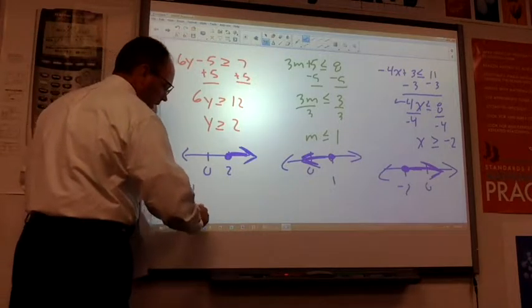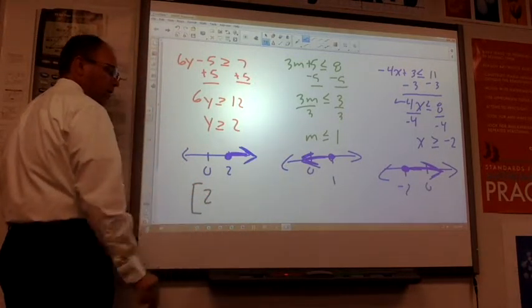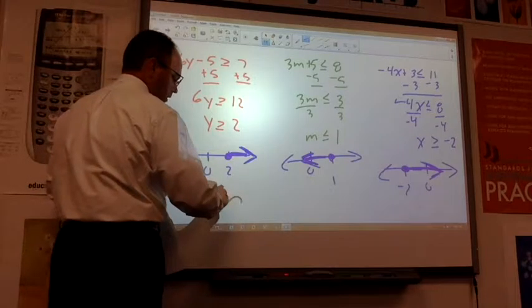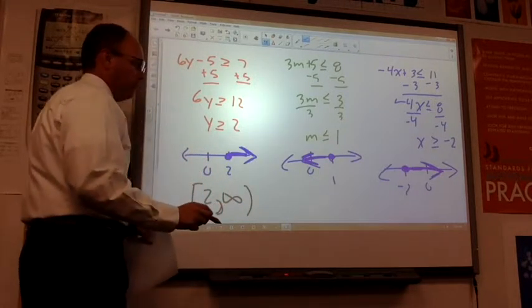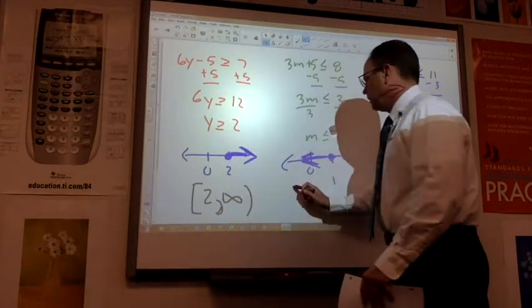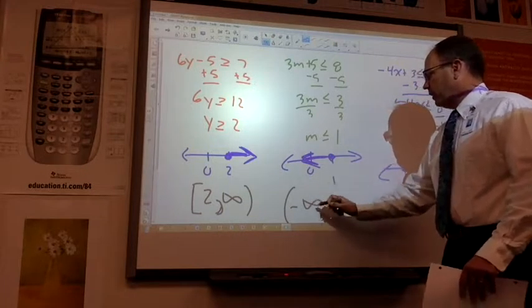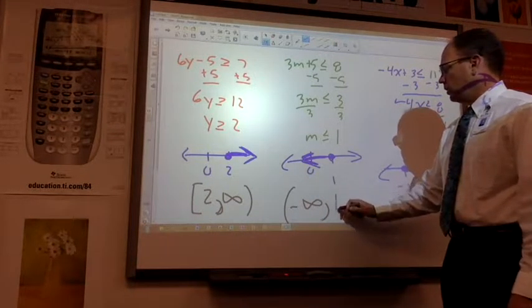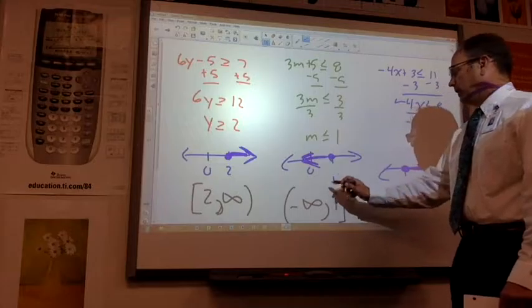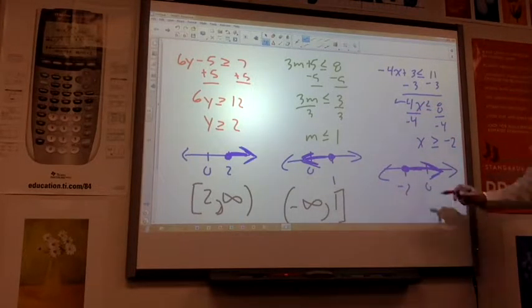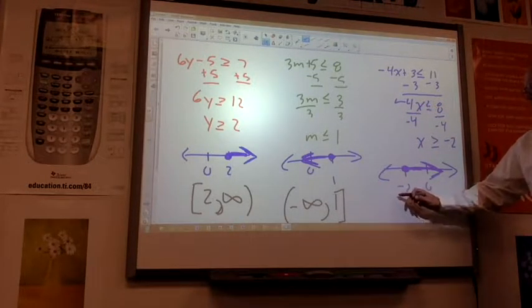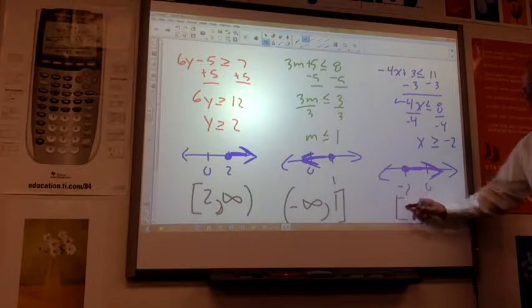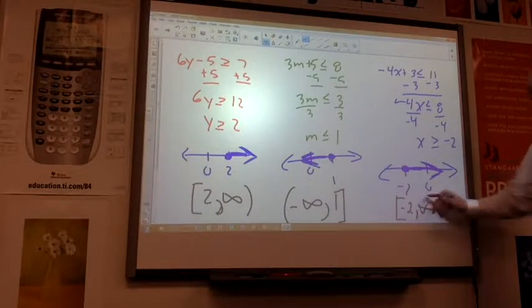So square bracket 2 to infinity, and it's a circle, right? What about this one? Negative infinity circle bracket. Negative infinity circle and then 1 square bracket. Perfect. Okay. And then what about this last one? Negative 2 square bracket. There we go.